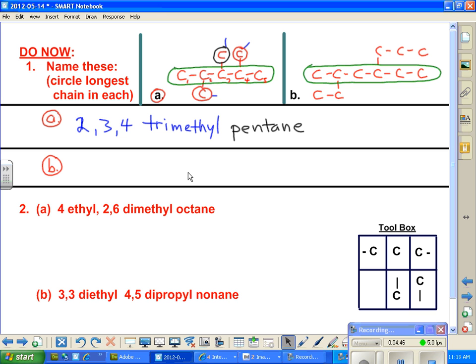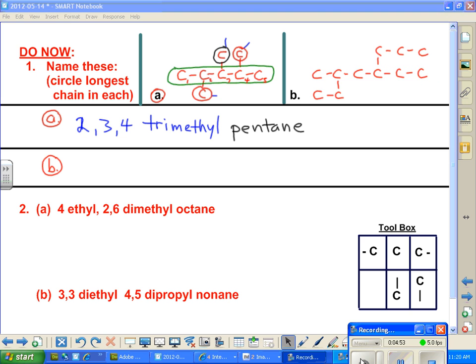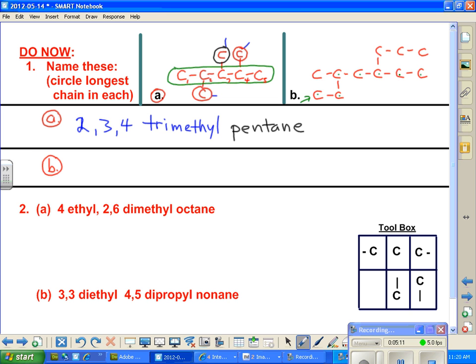Well, let's try starting from all the different starting points that are possible. We tried starting from the part that looked like it ought to be the main chain. Let's try starting down here. Now, let's try numbering. 1, 2, 3, 4, 5, 6, 7. Ah, we have more this time.